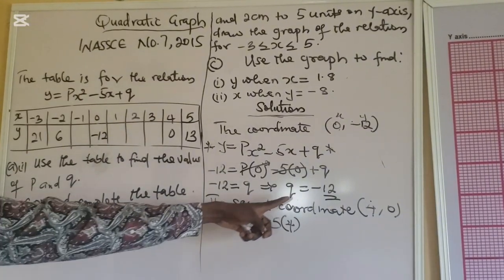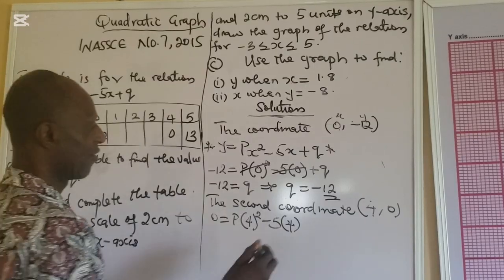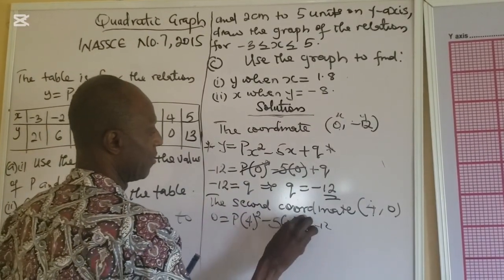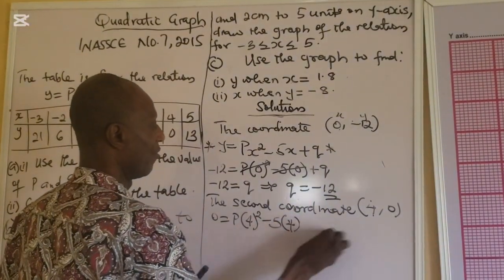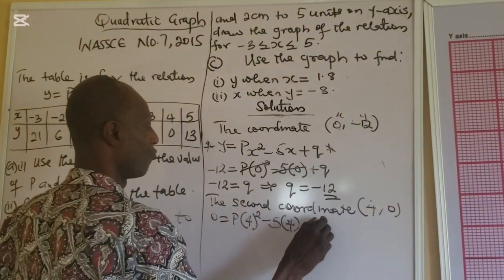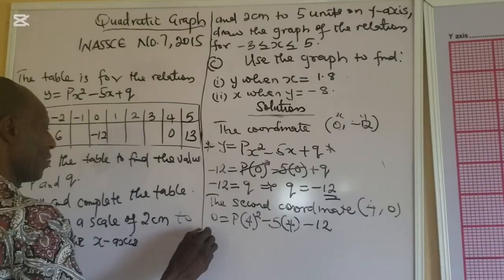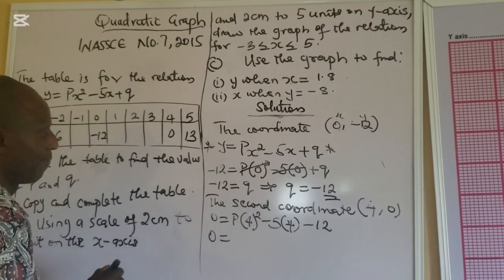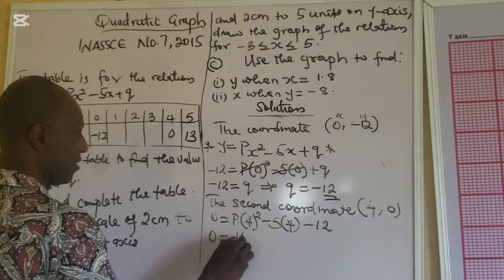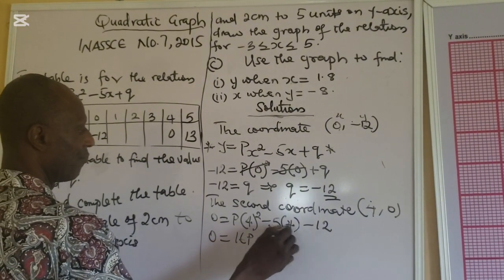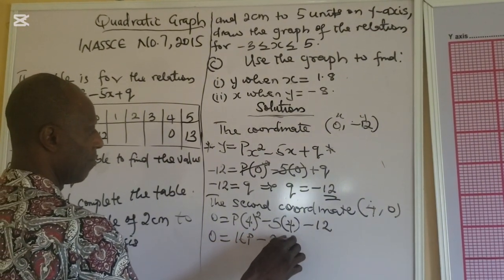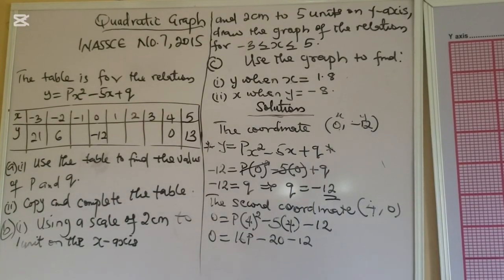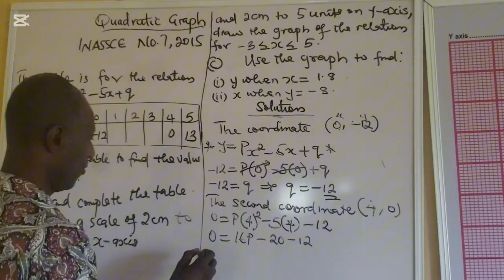But thank God we have q to be minus 12. So I would say plus bracket minus 12, which the negative will supersede, so there's no need to write plus minus 12. You just write minus 12. Now, here is 0. This will give us the square of 4 is 16, so 16p, 4 times 5, 20, minus 12.